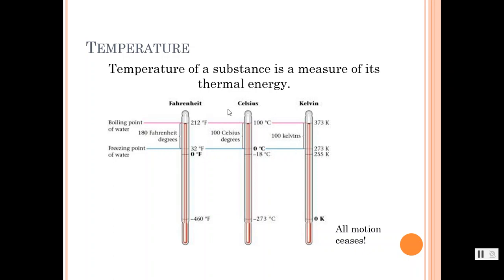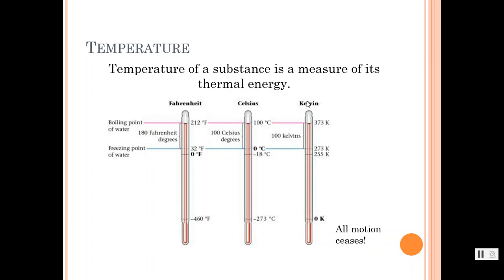Celsius is the scale that is used in Europe, across the pond, to measure temperatures. The standard international unit of temperature, the one that scientists use when talking about temperature, is the Kelvin scale.